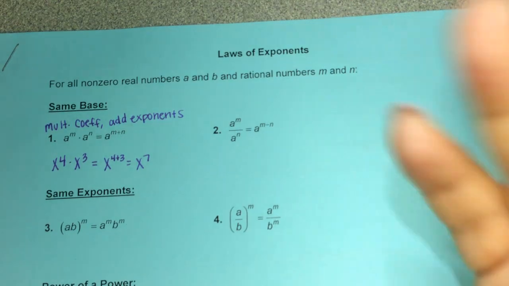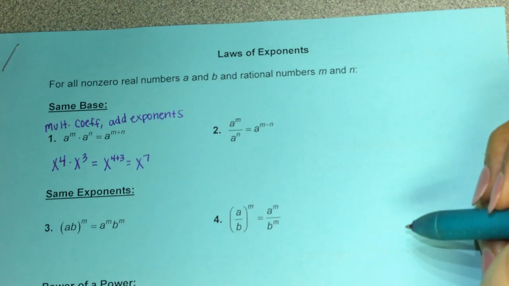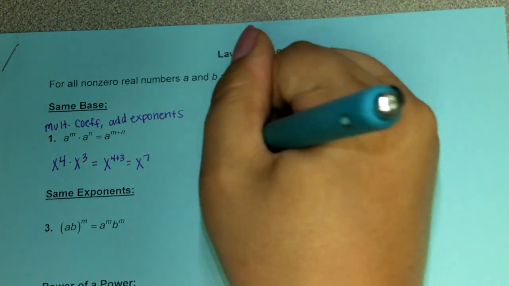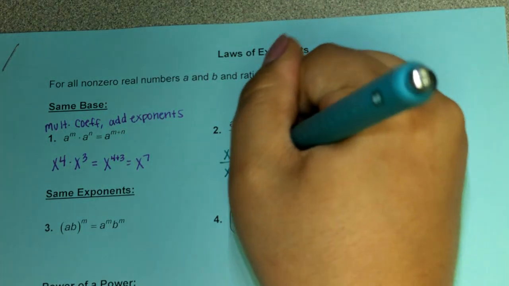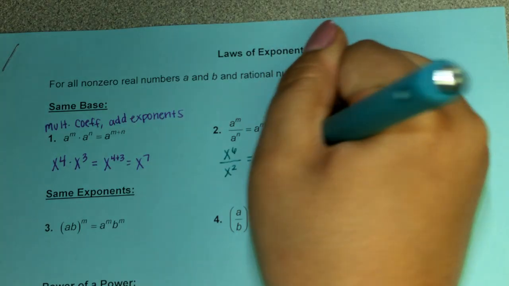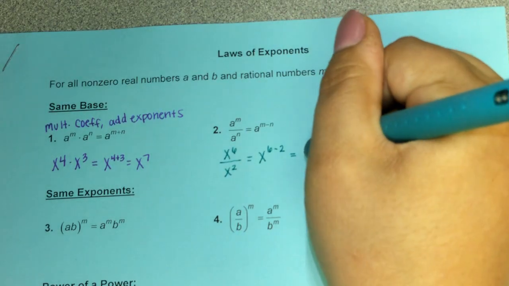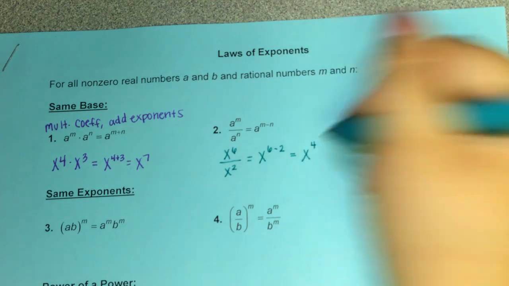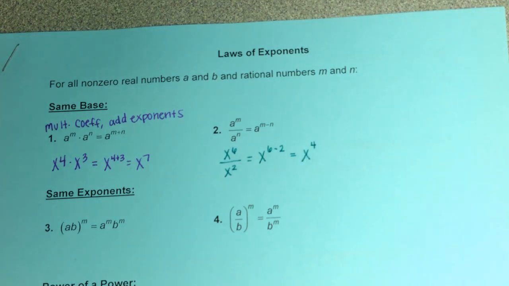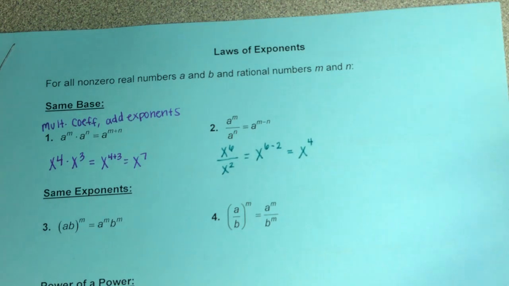What about dividing? What do I actually do when I'm dividing? Subtract. So x to the 6th over x squared is x to the 6th minus 2, which is x to the 4th. Again, what if there are coefficients? What do you do with the coefficients? Divide.